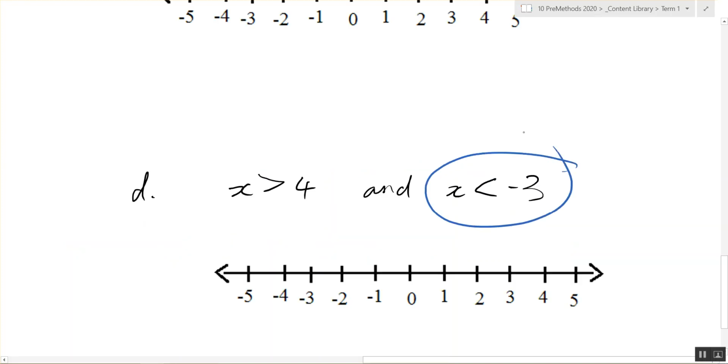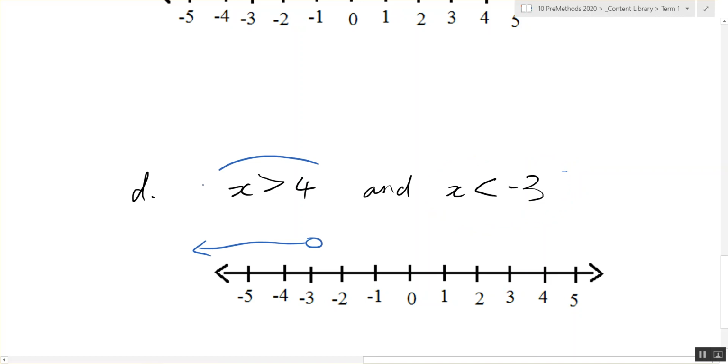So let's look at this one first. We draw an open circle, and then less than means what? To the left. All right, what about this one here? What do we do? Yep, and then we go to the right because it's greater than 4. And that's it. So x could be anything less than -3 or anything greater than 4.